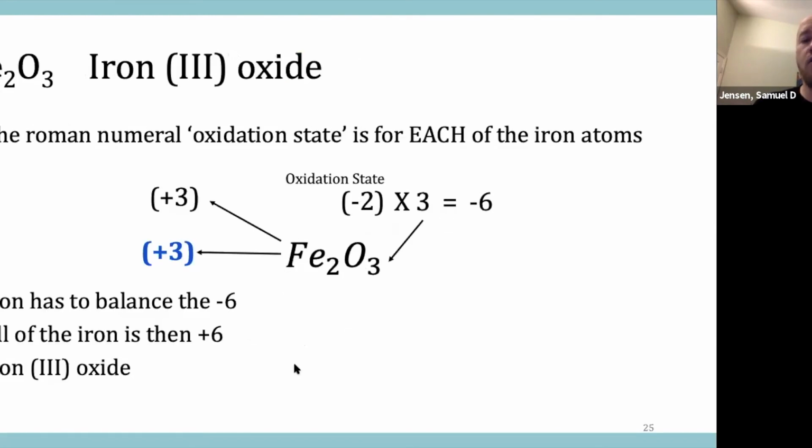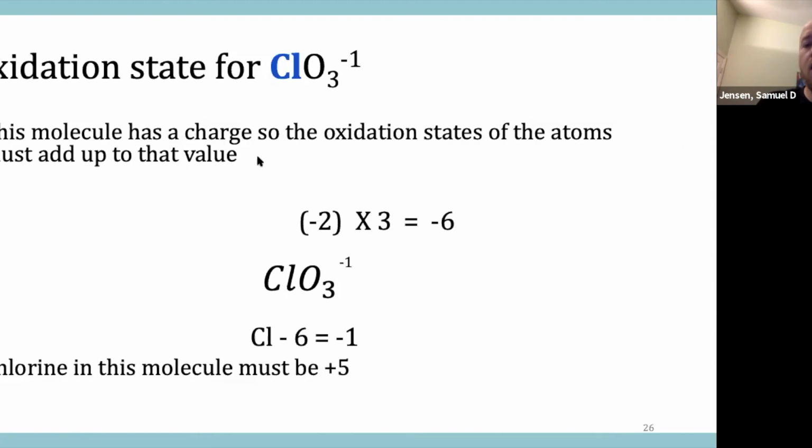Over here, the charge of the molecule was 0. With Fe2O3, there's no positive or negative written, so this is a neutral molecule, and all of the oxidation states add up to 0. Over here, all of the oxidation states add up to -1 because there is a charge present.